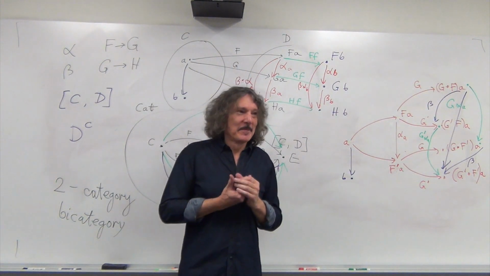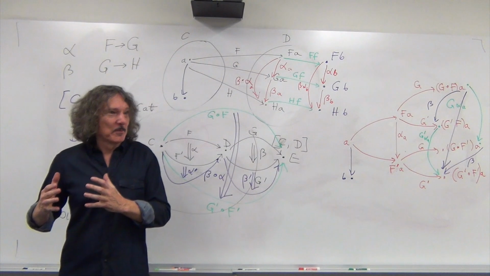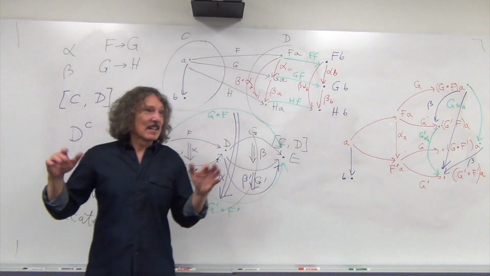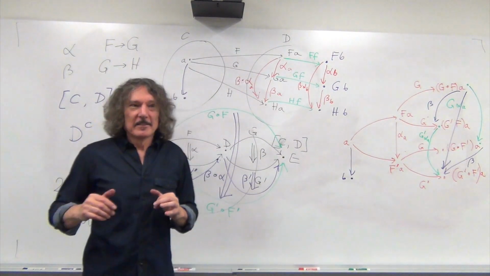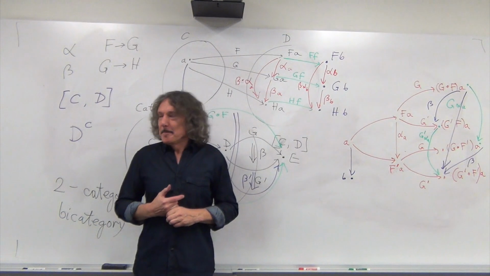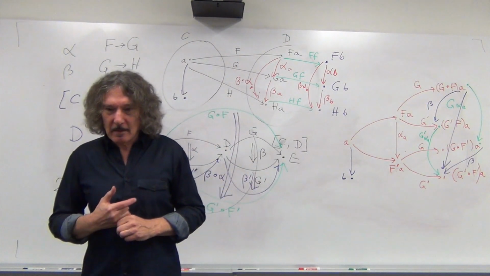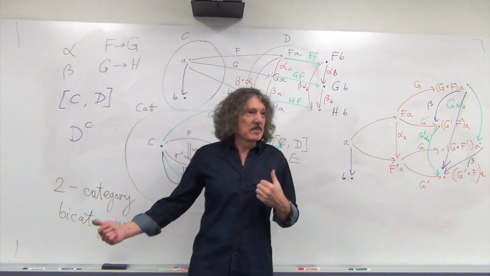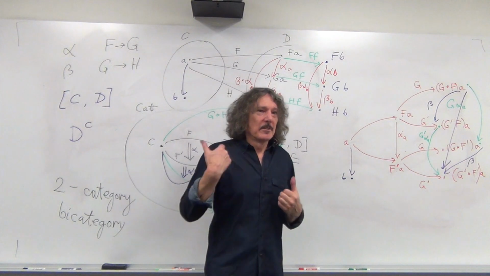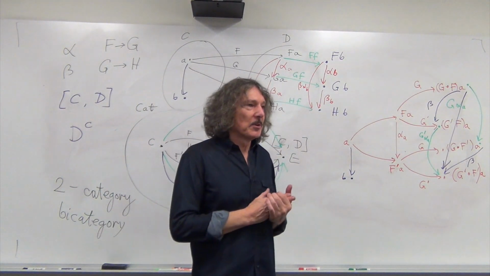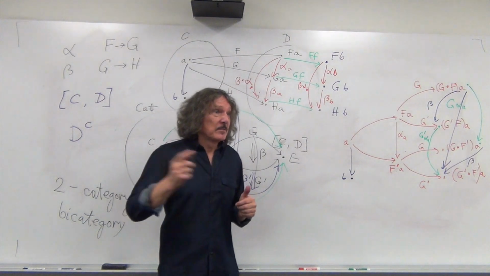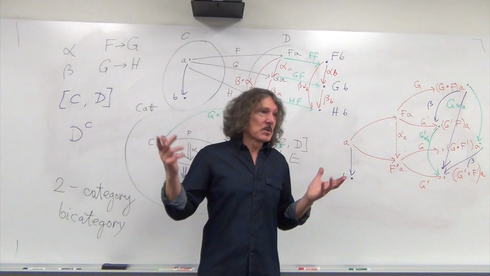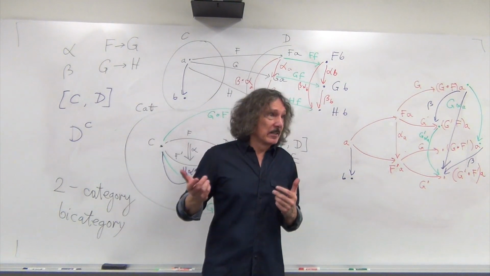So, there is another group of people who say, let's forget about n categories. Okay? There are these n category people, right? There are people who say the problem with this stuff is that these morphisms are not invertible. Okay? What if we have a category in which all morphisms are invertible? And I think I mentioned it before, that a category in which morphisms are invertible is called a groupoid.